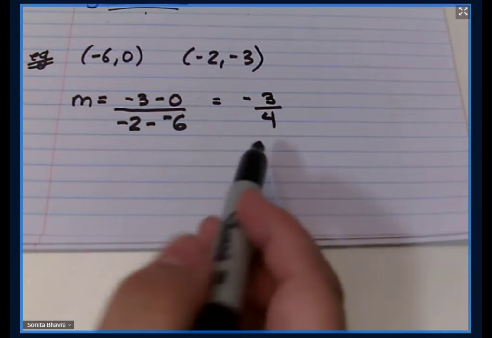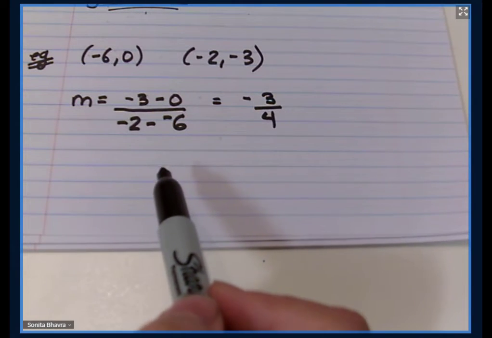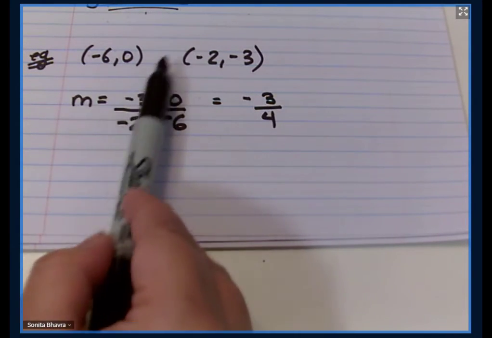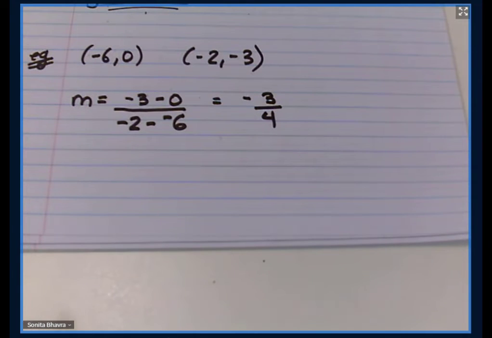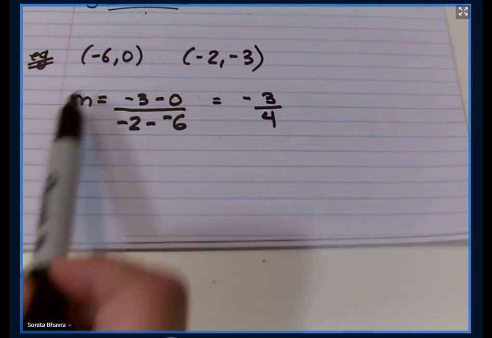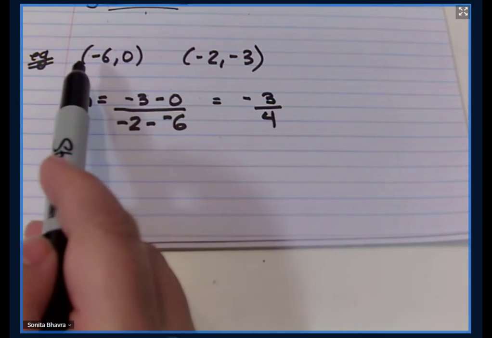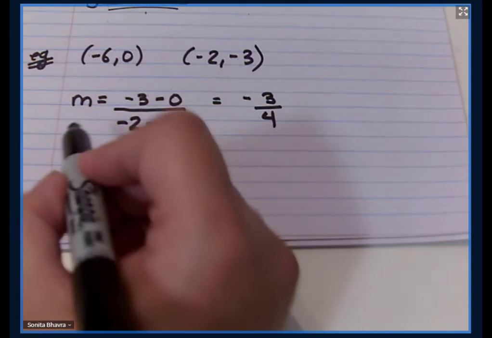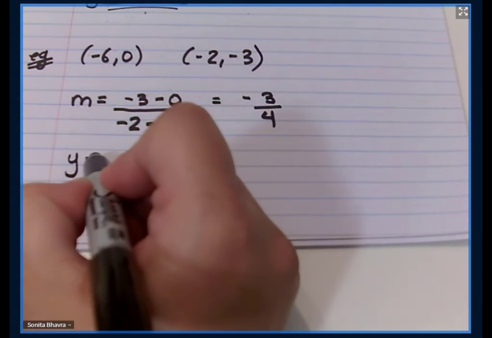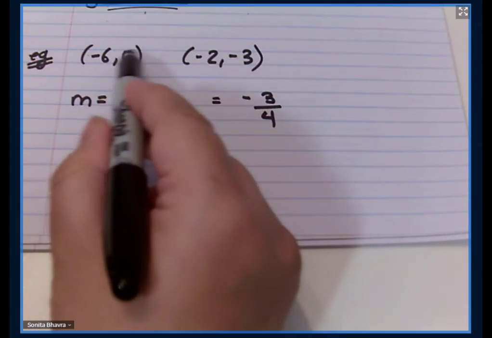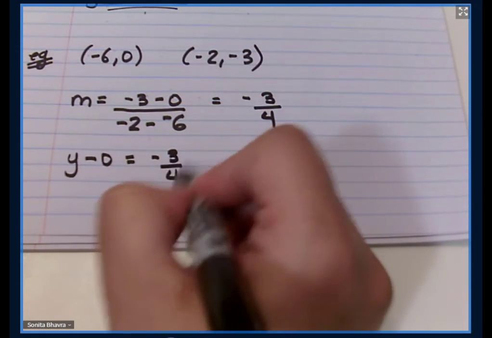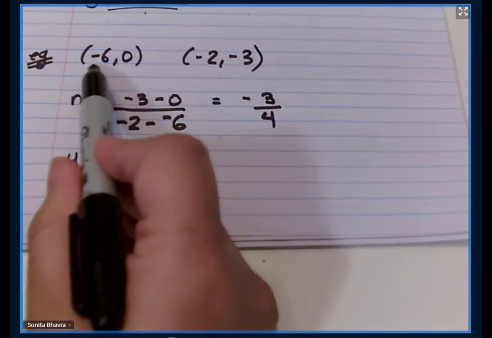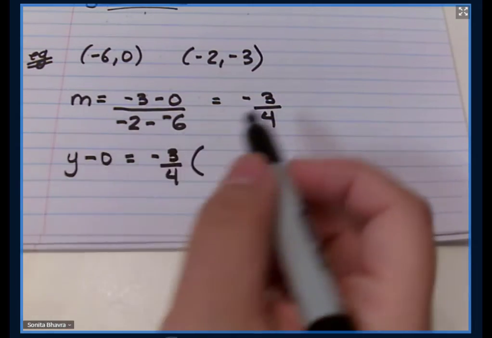All right, so once we have our slope, you can now choose one of the points. You can choose either point to put into our slope point form. So let's choose negative 6 and 0. Using that, we'll get y minus 0 is equal to negative 3 over 4, and then x minus negative 6, which is x plus 6.